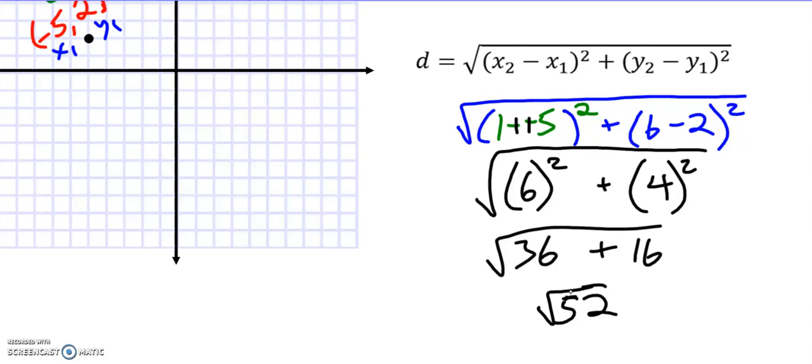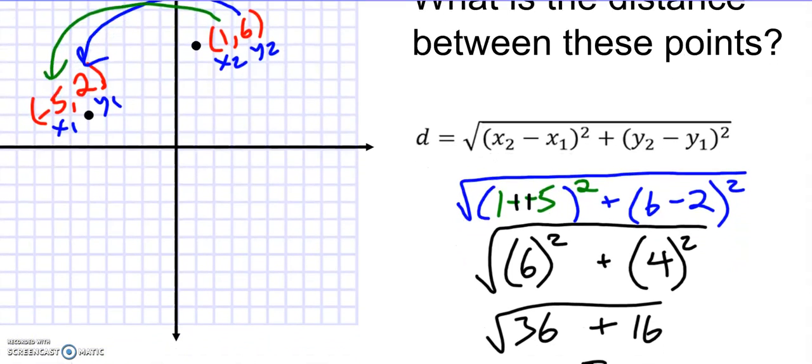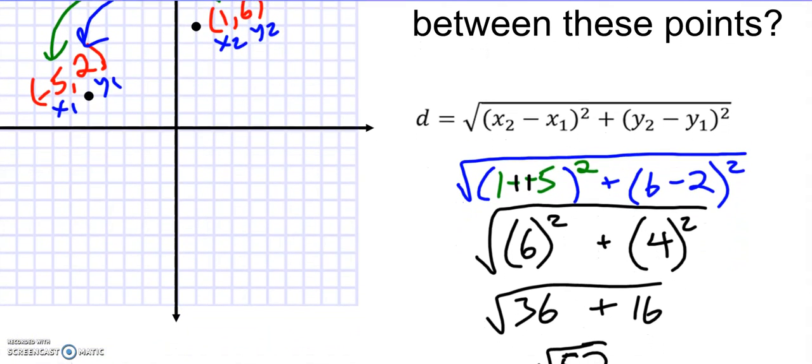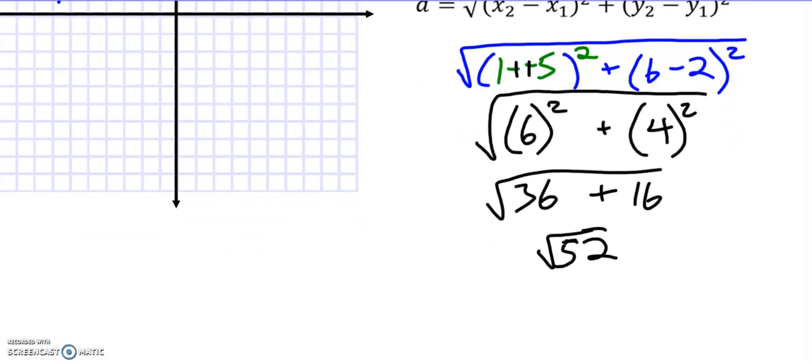But it would be the approximate distance between these two points that we were looking at. So we could say the distance between the 2 points is radical 52 units. However, oftentimes they'll ask you to then simplify the radical if you get one.